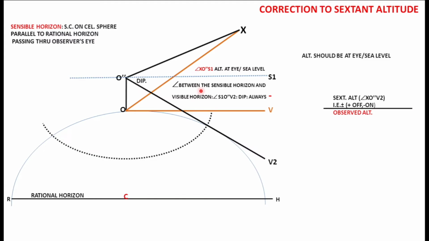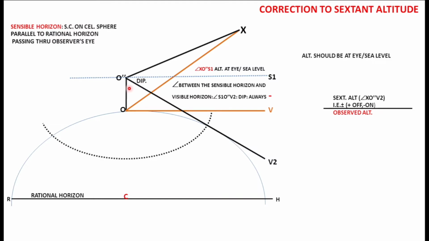And dip is the angle between the sensible horizon and the visible horizon. As you can notice here, to bring the body onto my eye level, or onto my sensible horizon, I should subtract dip. So dip is always subtracted, which is an error due to your height of eye.